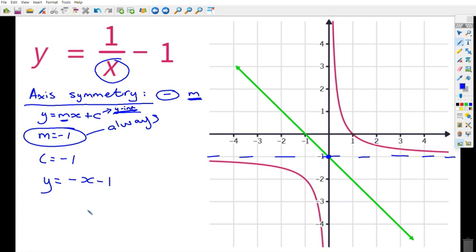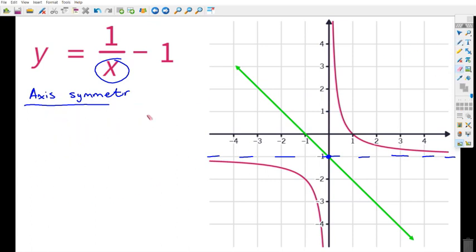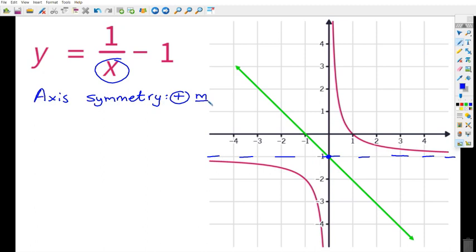But now, that's my first axis of symmetry. That's number 1. Number 2 is if they ask me for a positive gradient. Let's see what happens. Take all this away. So if they say find the axis of symmetry with a positive m value, that basically means this graph is going to do this.